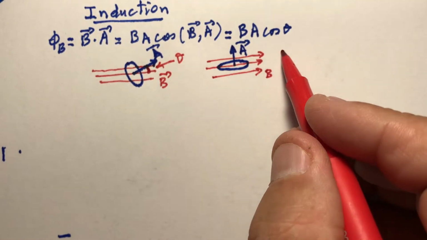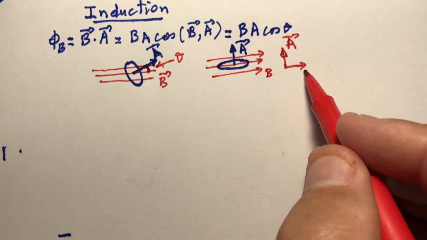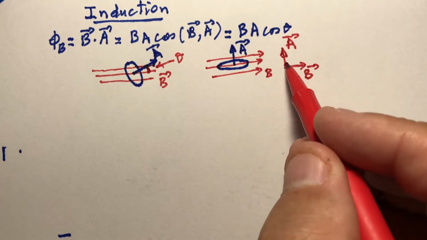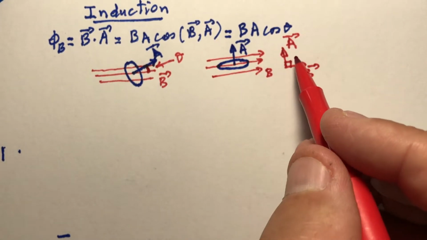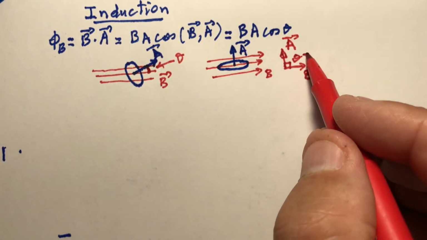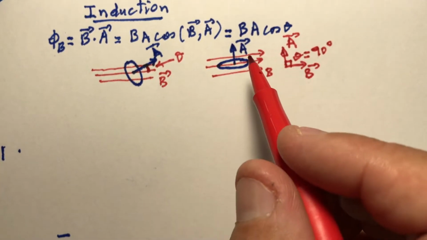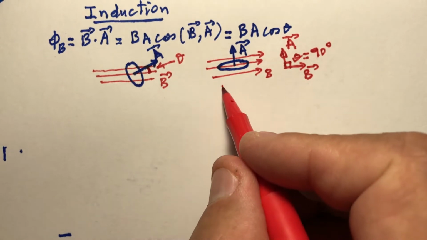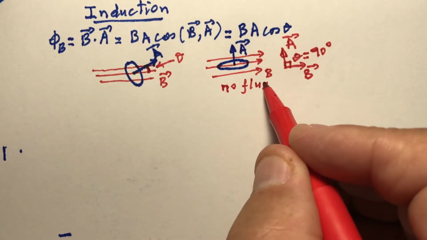So the angle theta is 90 degrees. And you can see in this situation, we have no flux.